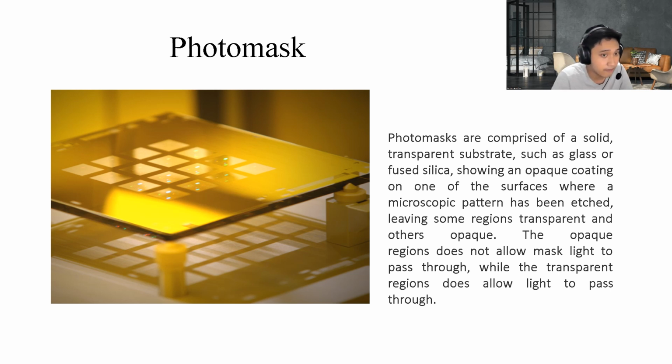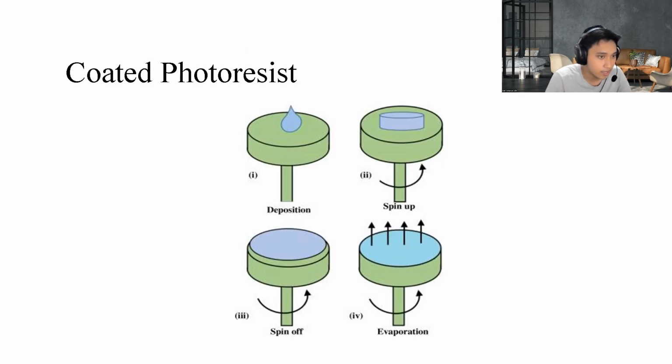Specifically, it can be divided into 3 steps: photoresist coating, exposure, and development. First is the coated photoresist. The first step in drawing a circuit on a wafer is to coat photoresist on the oxide layer.